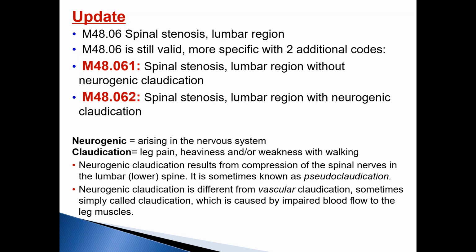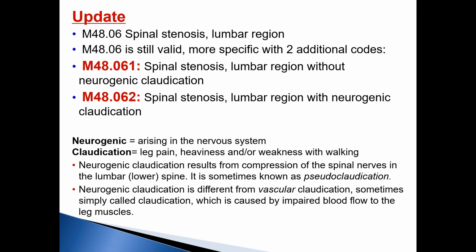M48.06 is lumbar spinal stenosis. That code is still valid. However, it got more specific. M48.061 is lumbar spinal stenosis without neurogenic claudication. M48.062 is lumbar spinal stenosis with neurogenic claudication. So don't use M48.06 anymore. It's either 061 or 062.